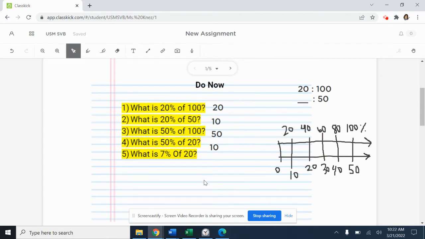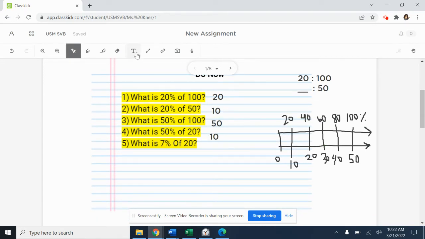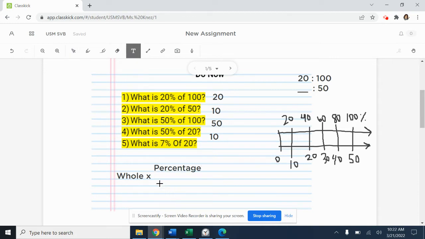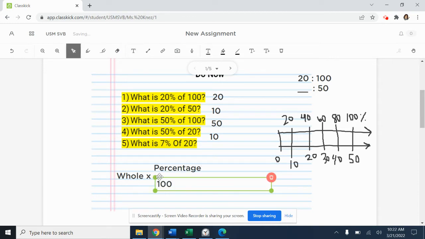Sometimes the numbers are a little bit more complicated, and drawing an entire double number line isn't going to make a lot of sense. Recall that we can always multiply our whole number times the percentage as a decimal. And saying the percentage as the decimal is saying the same thing as saying the percentage over 100.